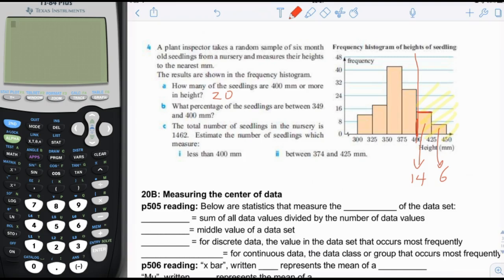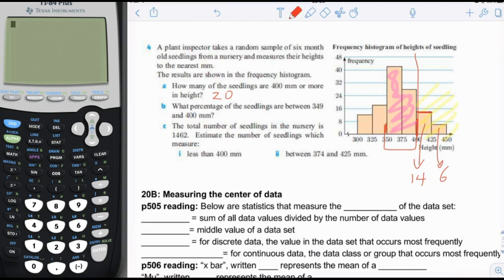What percentage of the seedlings are between 349 and 400? About 349 would be about here, and 400 is here. So it would be like this area. Now it says what percentage of the seedlings. So first we need to figure out how many seedlings.